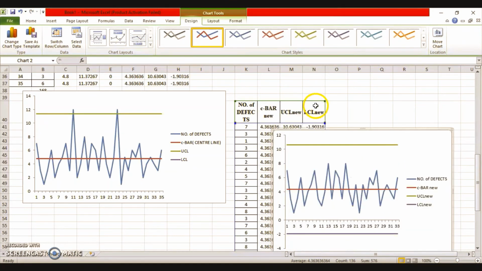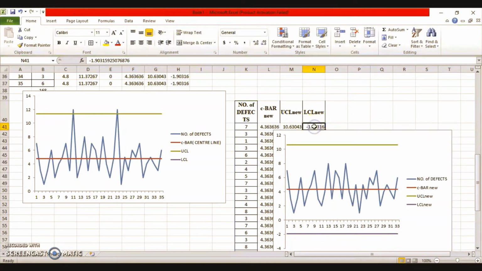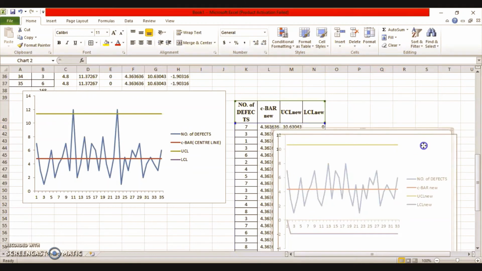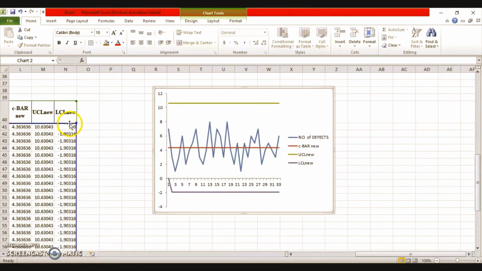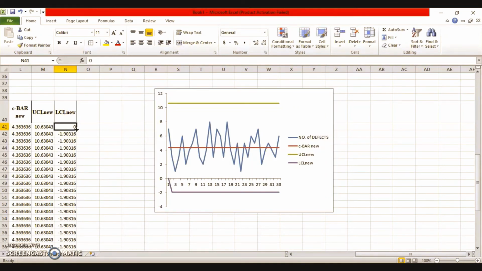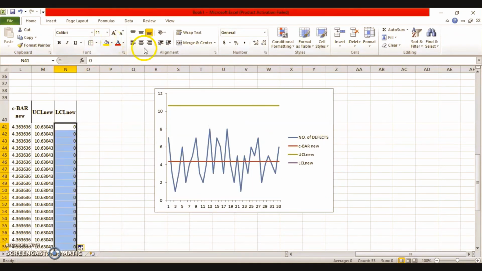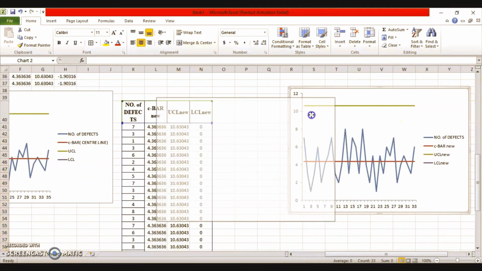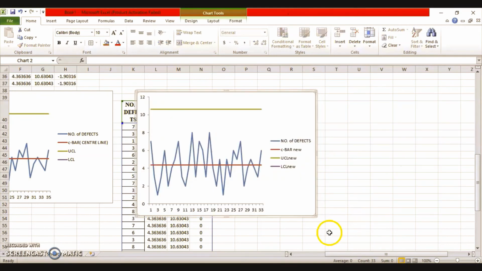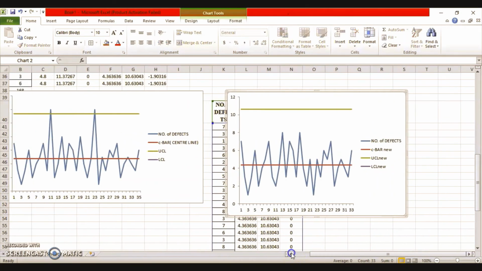In this case the lower control limit value is negative, and negative values we know are not accepted. We need to replace them with 0. So what we'll do, we'll just change the values. As you saw, I just changed the values. Negative values are not acceptable, so we change them with the help of this 0.